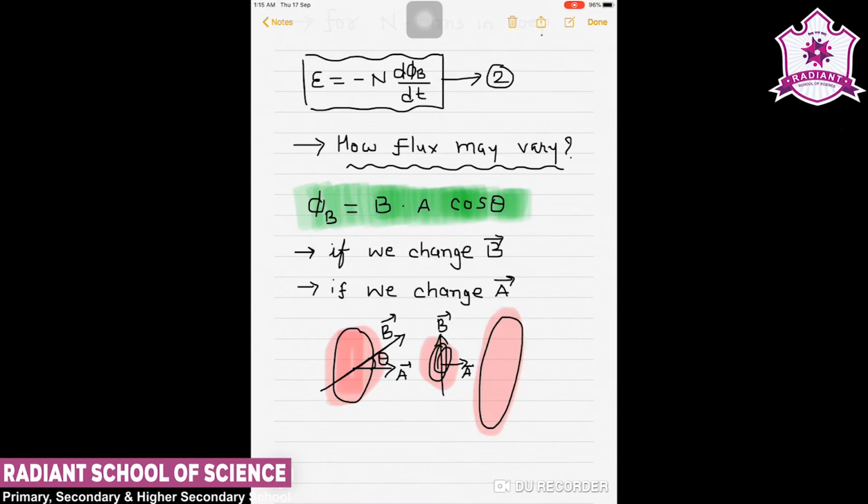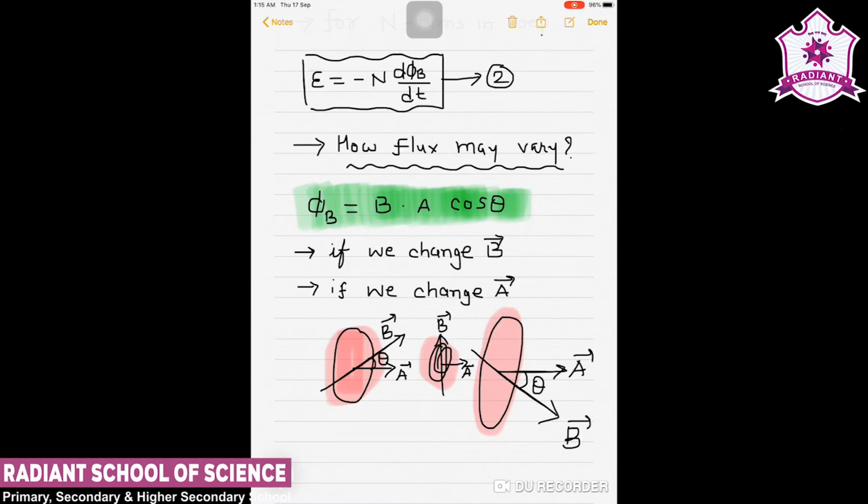And suppose in another case B is over here and A is given here, then also the orientation between A and B changes and therefore the flux will change.